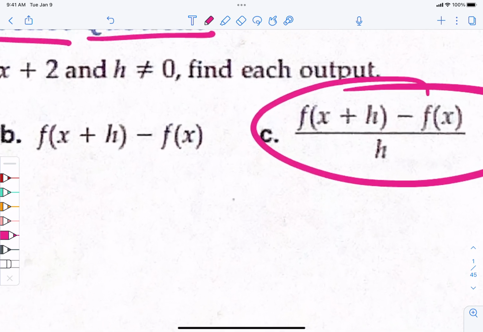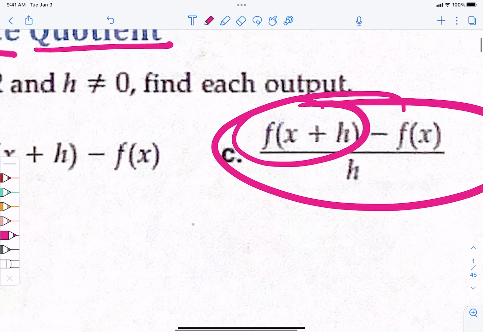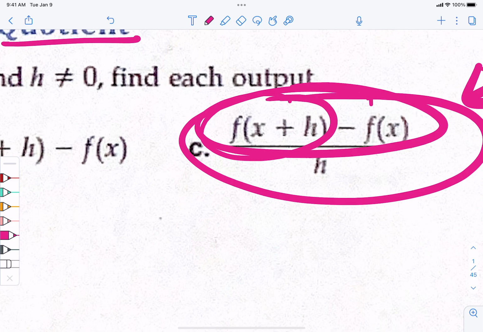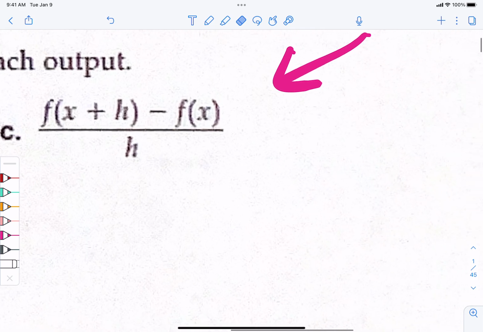So rather than calculating that whole thing, in part A, just do this part. In part B, now do the top part. In part C, now divide that all by h, right? So they're baby stepping you through it. But when they ask for the difference quotient, they're saying find part C, basically. And this is the definition of finding a derivative, which is what we do in calculus, okay?